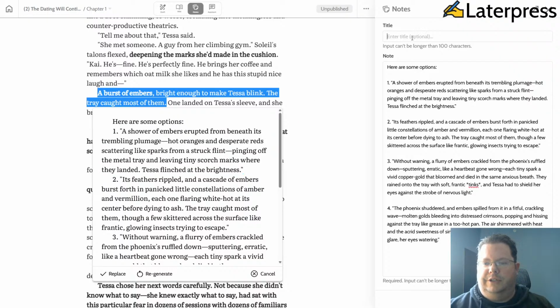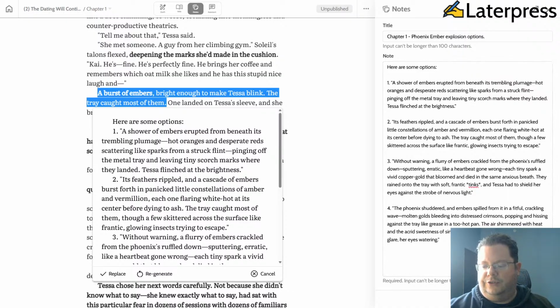So for now, this note is going to be titled Chapter 1, Phoenix Ember Explosion Options.